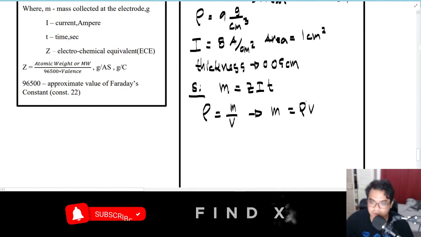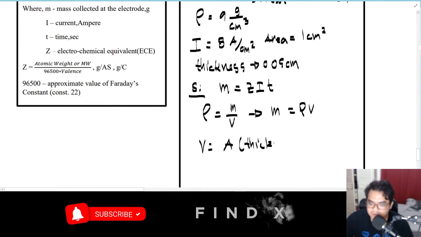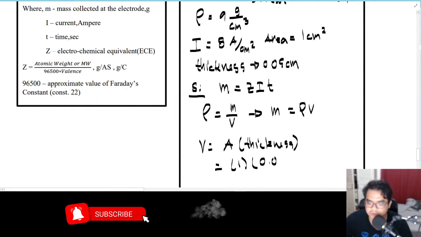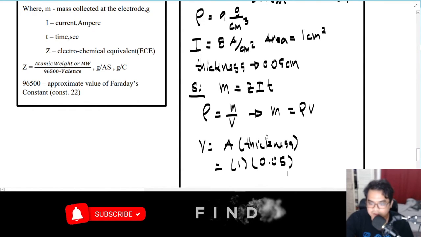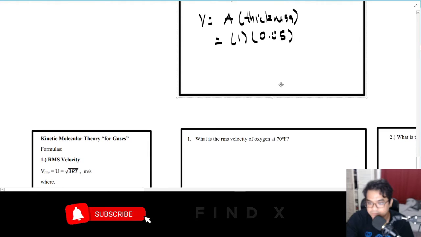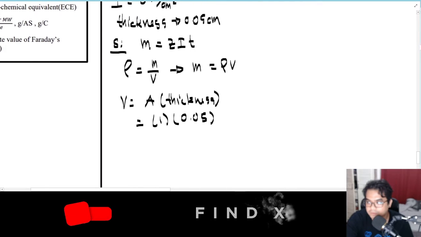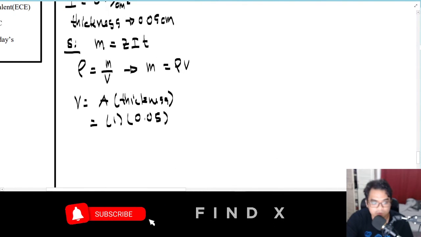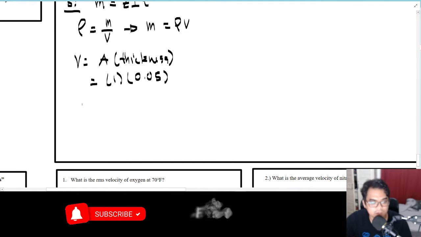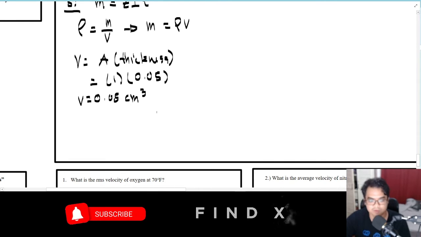We already have the value for rho, and then we have to find the V. For V, this is just equal to the area times the thickness. For the area, that is just 1, and for the thickness, that is just 0.05. That is base area times length. Extending that, you'll have V equal to 0.05 cubic centimeter.